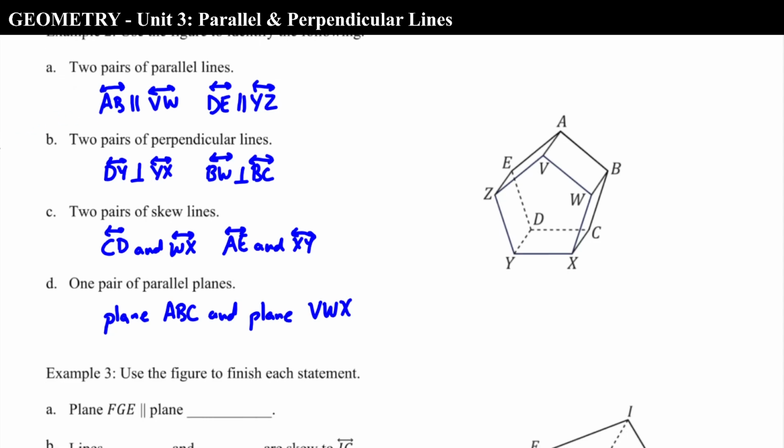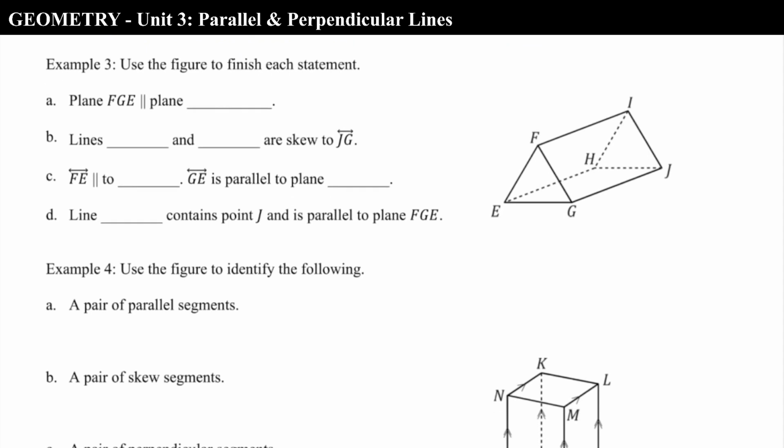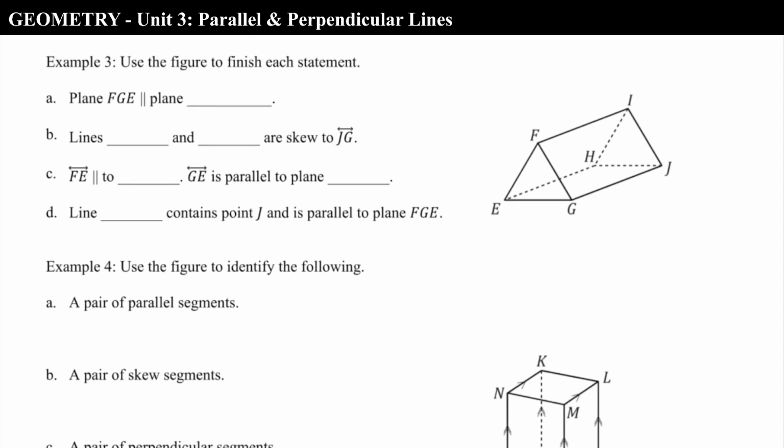All right, in example 3, we're going to be using the figure to finish the statement. So plane FGE, which is this front face, is parallel to which plane? Well, it would be the back face. So IJH. Now, we need two lines that are skew to JG, which is this one right here.